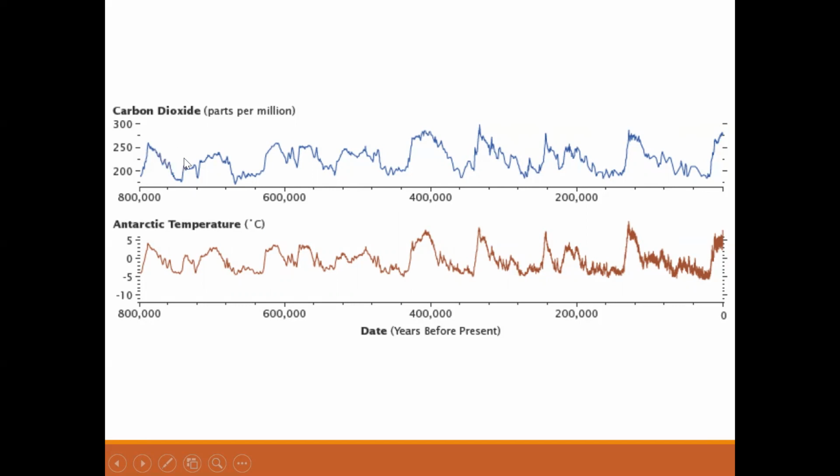You can see the ups and downs of carbon dioxide in the atmosphere closely correlating with our proxies for estimating temperature, and the two almost perfectly coincide throughout time. And then again, in the present day, we're seeing this increased rise in carbon dioxide that is correlating with our increased temperatures on the planet.